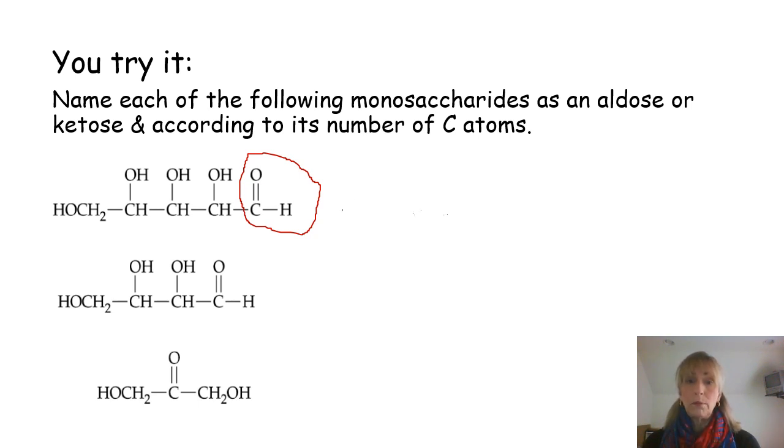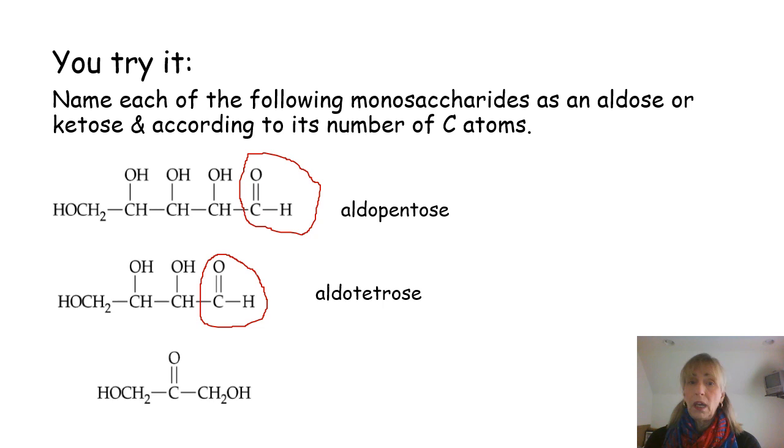So it would be an aldopentose. Our second one here, again, we see sticking out right here, we see an aldehyde. So this is an aldose, right? And how many carbons? 1, 2, 3, 4. So this is an aldotetrose.